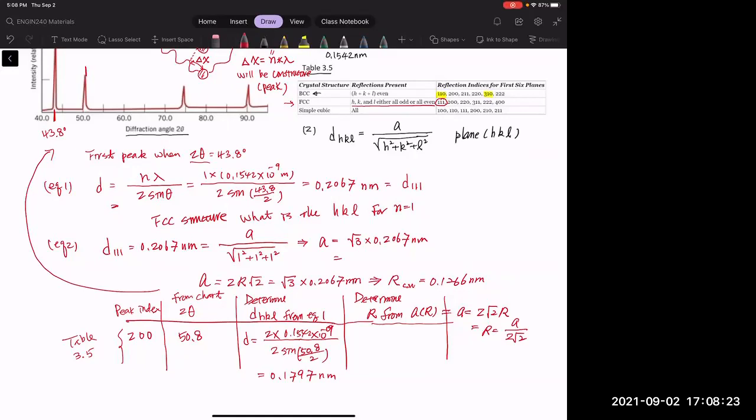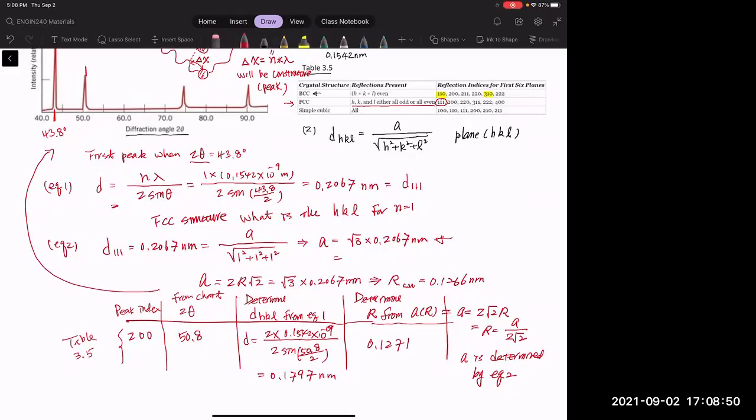Well, A is from equation 2, which is this one here. So this is how you find the A. And if you do that, then you're going to find this R is 0.1271.